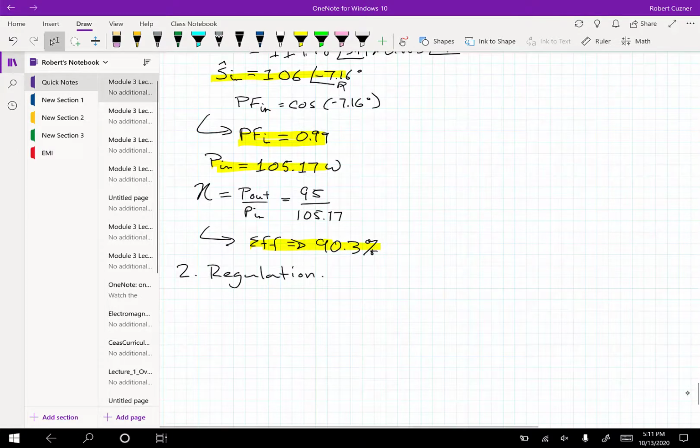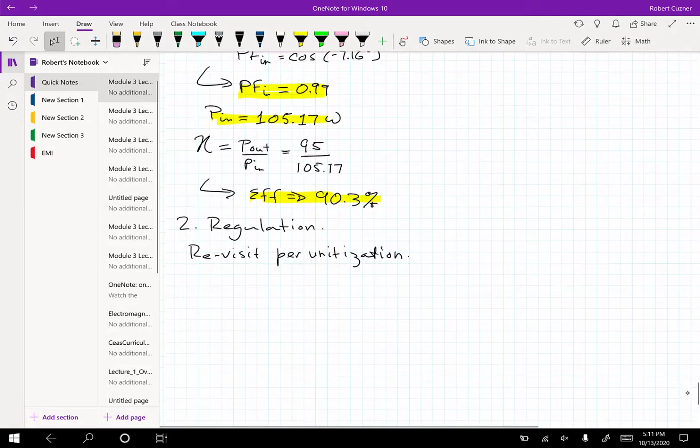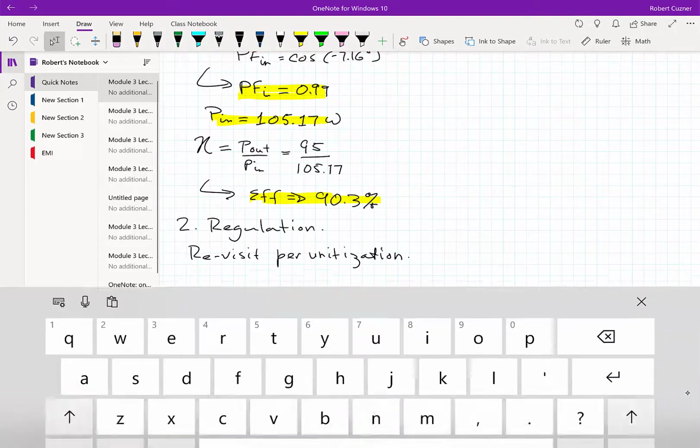To do that, we have to revisit per-unitization, which I taught you in Module 1. You have to pick a base, and then you would per-unitize everything. So let's do that.